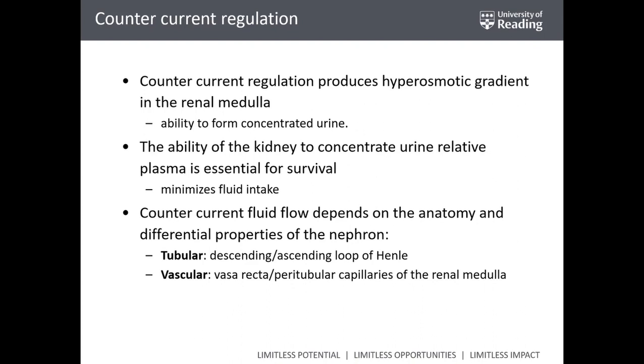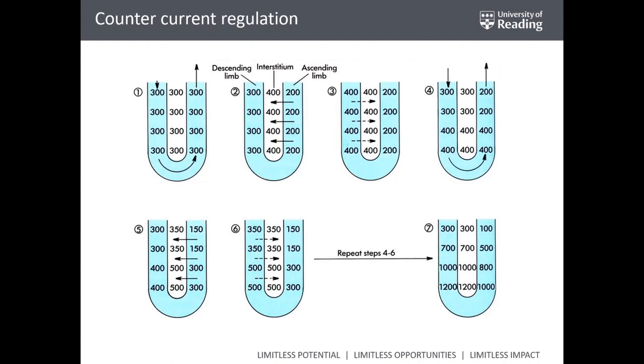Okay. So we have a tubular component, the descending and the ascending loop of Henle, and then we have the vascular component, which are the vasa recta and the peritubular capillaries of the renal medulla. Let's look at these in more detail. So in step number 1, and we will go through these a lot of times, okay?